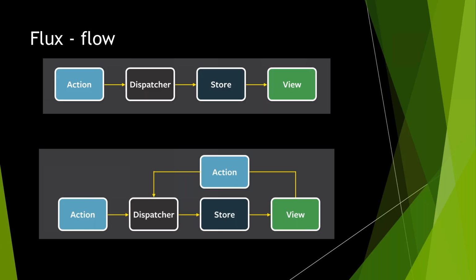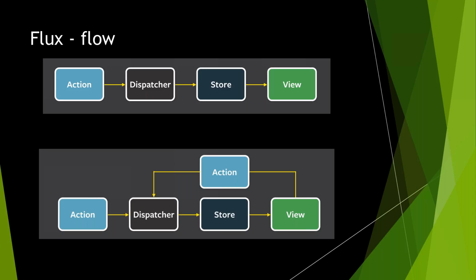Component A sends some data to component B, and component B currently has no way of sending data back to component A. That is one drawback of React. The flow in React is always in a single direction. This makes things easier to understand, but it requires you to write a bit more code. So React provides you a Flux architecture so that you can send data back.